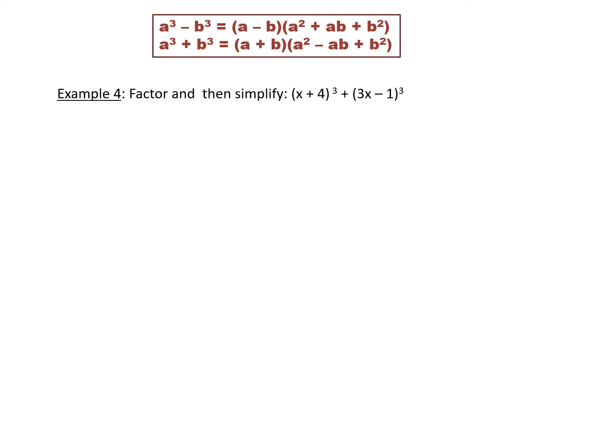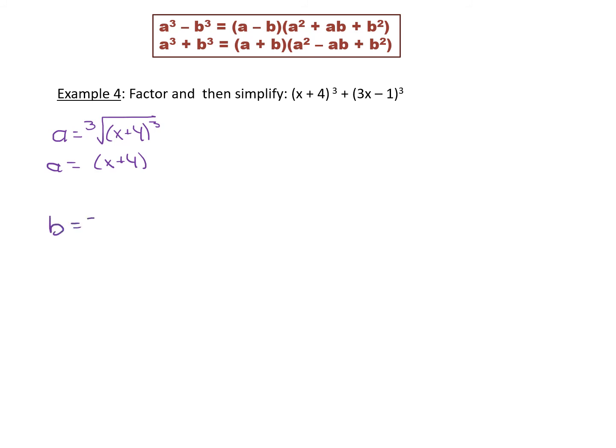So let's start with identifying what a and b are. A is going to be the third root of my first term, and my first term is x plus 4 cubed. So a is simply x plus 4, because the power of 3 and the third root will cancel each other out.